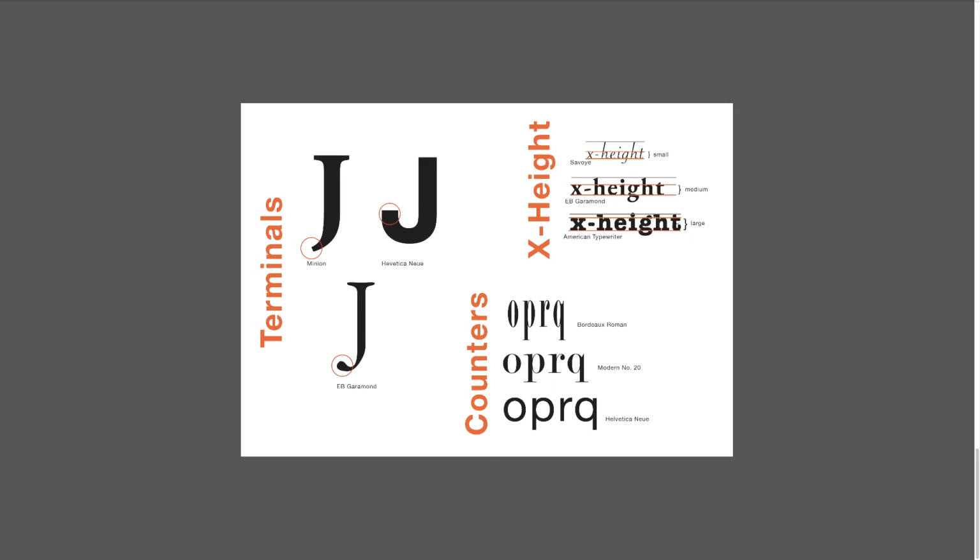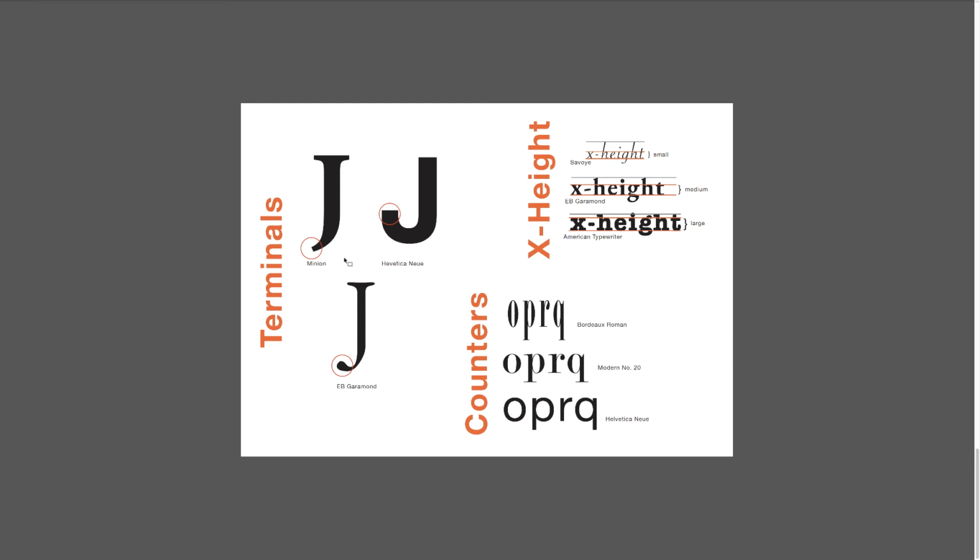On your lab exercise, you're going to have to give me examples like I have featured here on this page. On the left, you've got three different examples of terminals, and this is what I want you to do. I want you to go through your typefaces and look for different styles of terminals and then identify which typeface it is.